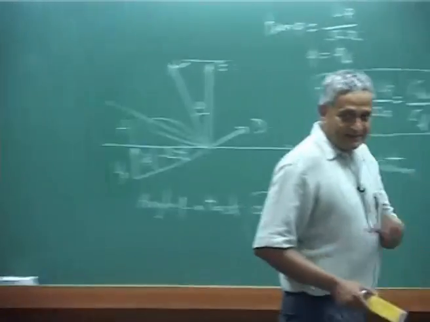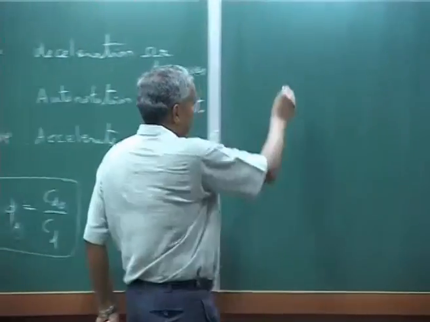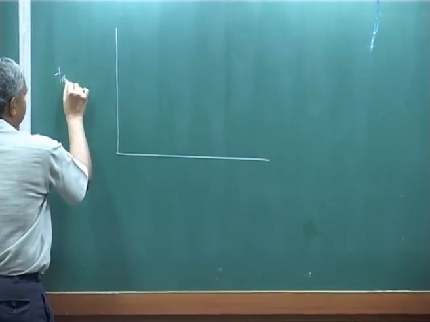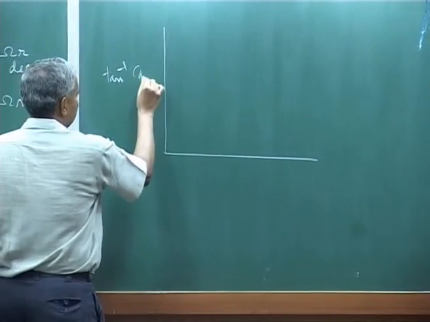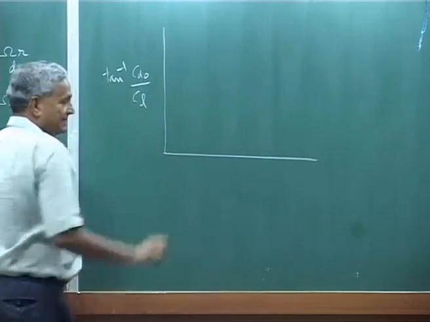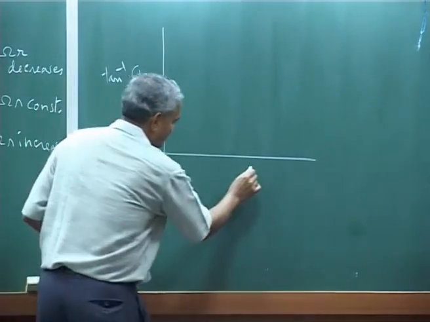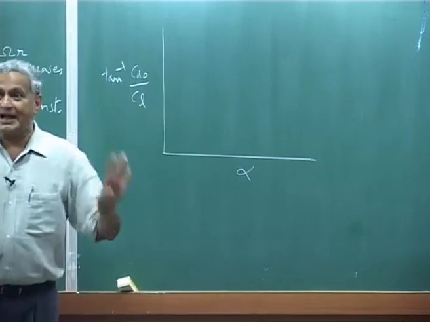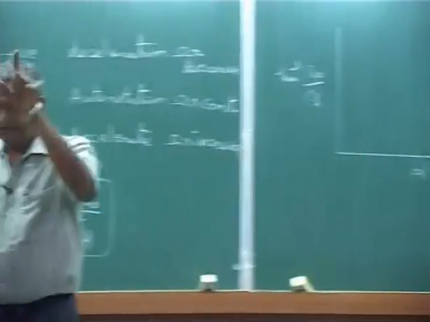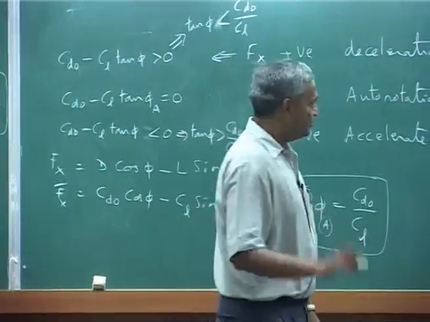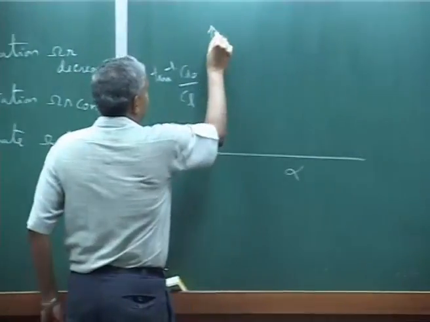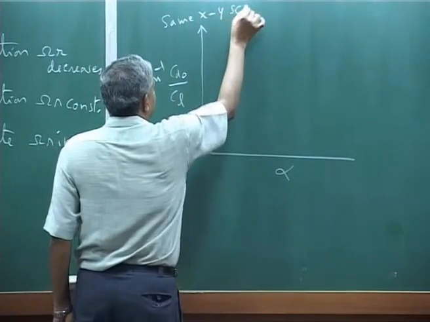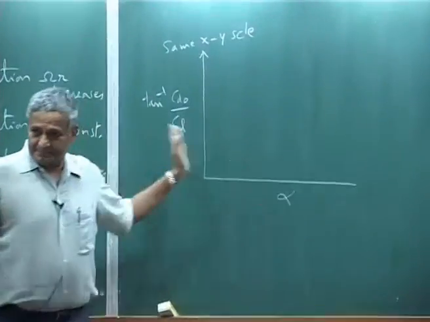We will plot the curve of tan inverse versus alpha, but keep the same scale on the x and y axes, because both are angles.